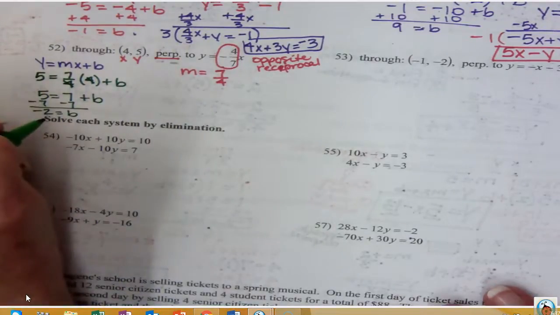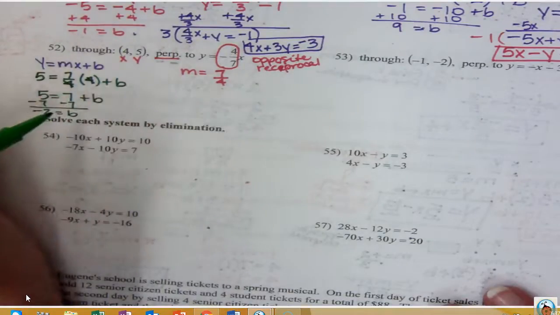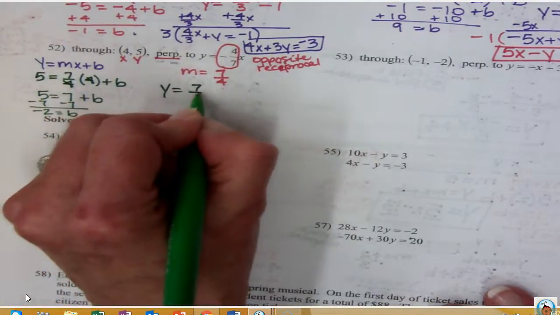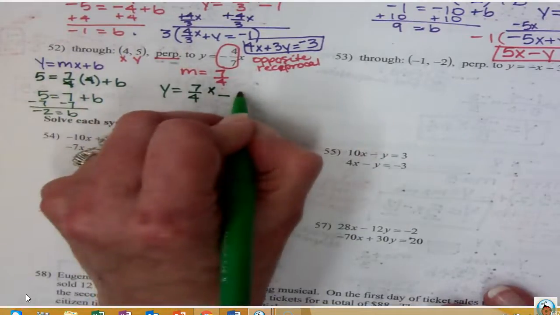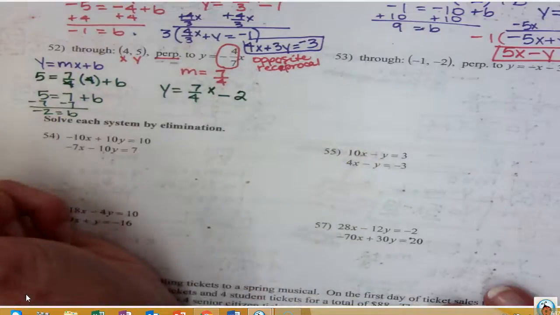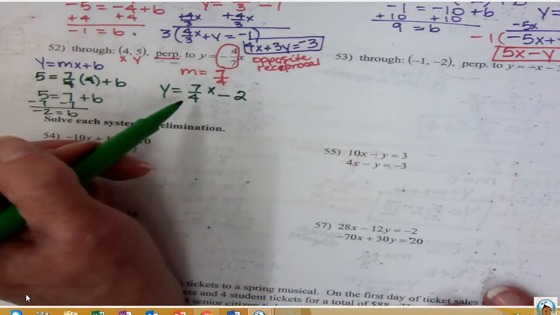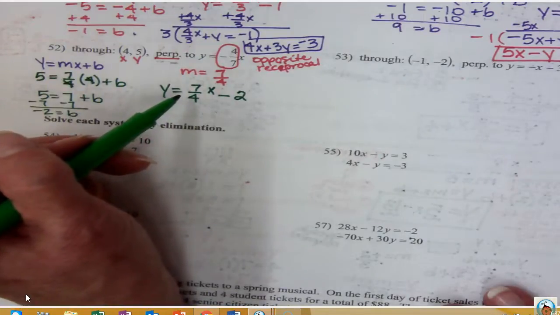So now that I've found my b, I have my slope, I have my y-intercept, I can put it in slope-intercept form, which is y equals 7/4 times x plus my y-intercept of -2. But it's not asking for slope-intercept form, it's asking for standard form. So now I need to convert this into standard form.